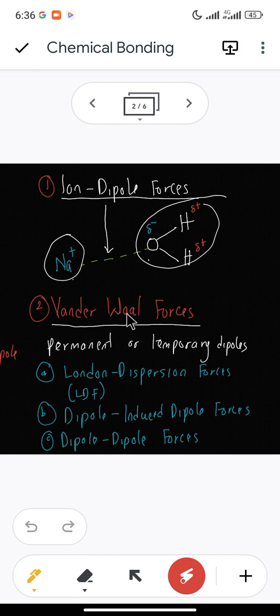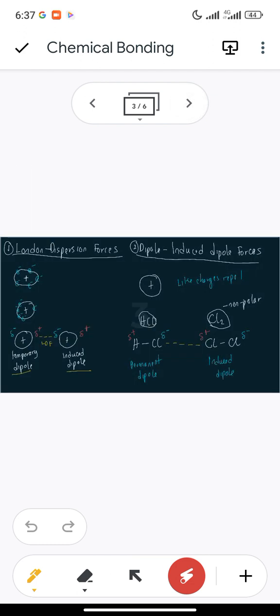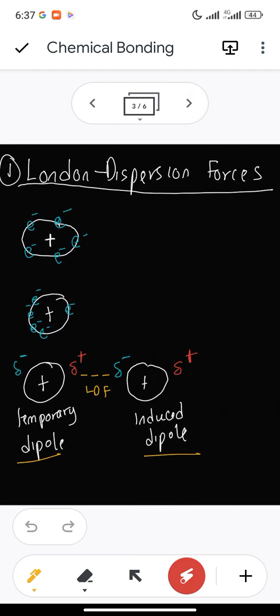So we said van der Waals forces are subcategorized into the London dispersion forces, the dipole-induced dipole forces, and the dipole-dipole forces. So we talked about the London dispersion forces, where we said if you have, we assume this to be a molecule, and there are even distributions of electrons around the molecule.